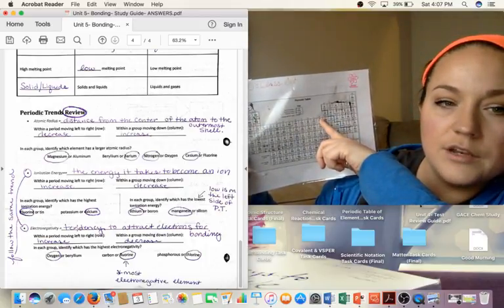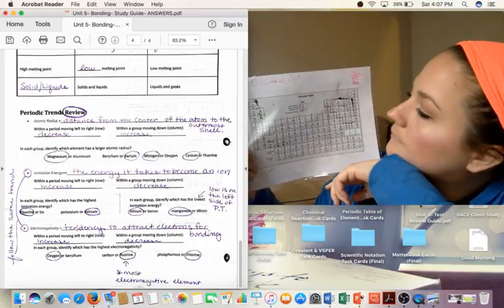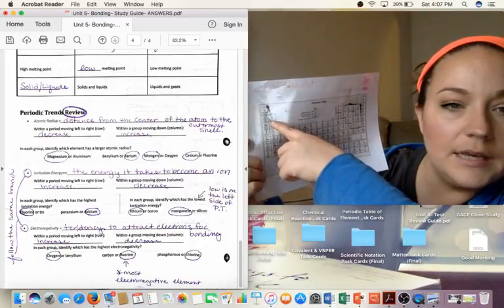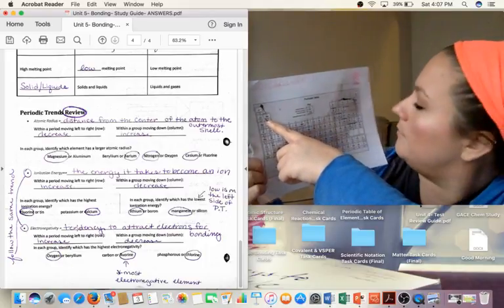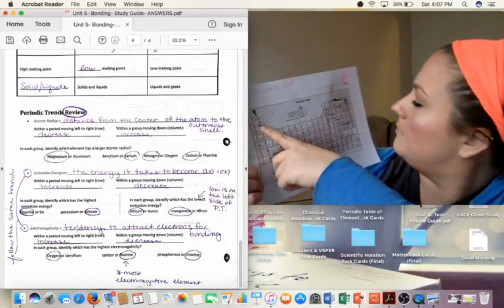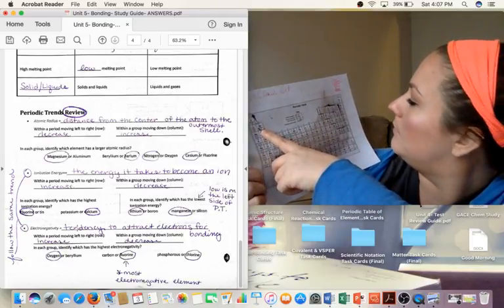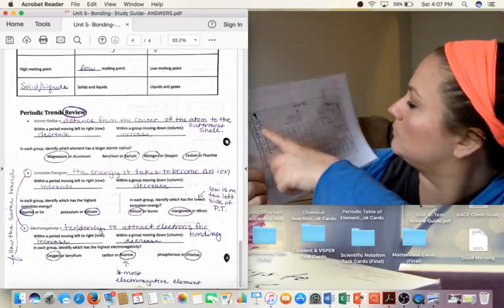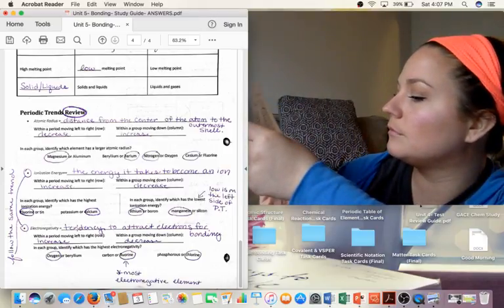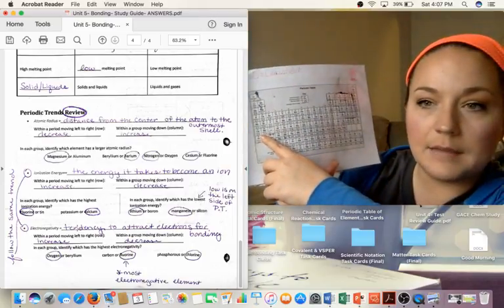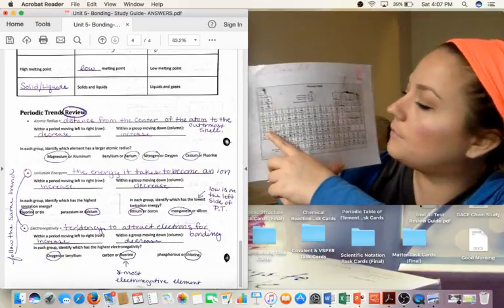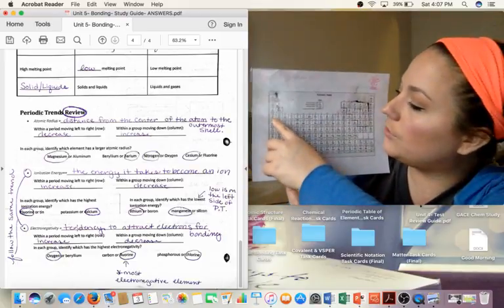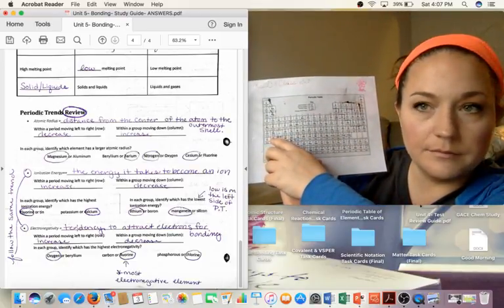Then next one, beryllium, right here, Be. And then we have barium, Ba. Down here, same group, but he is 1, 2, 3, 4 rows down.